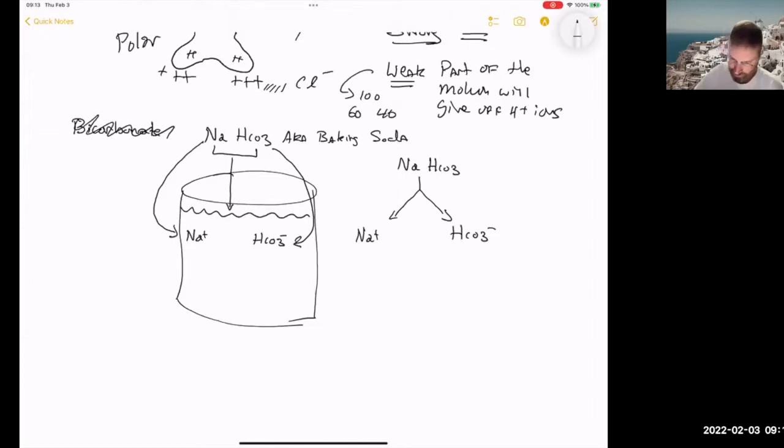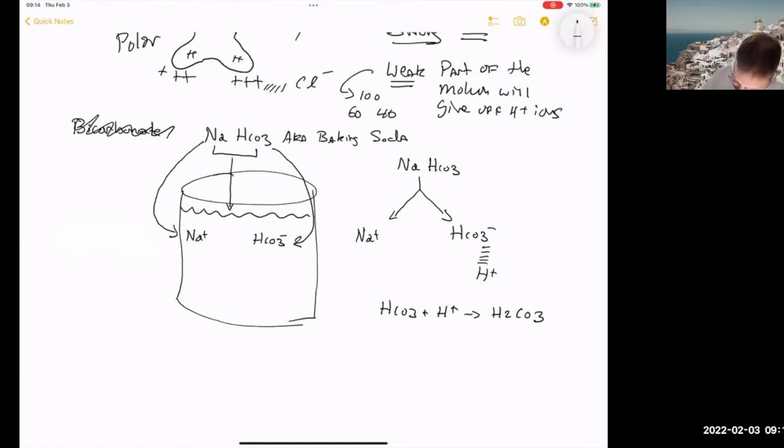And then what will happen is if there are hydrogen ions floating around in that water, the bicarbonate is attracted to the hydrogen ions, and the hydrogen ions are attracted to the bicarbonate. And so the HCO3 can combine with the hydrogen ions. It will accept those hydrogen ions, and it will form a new molecule, H2CO3.